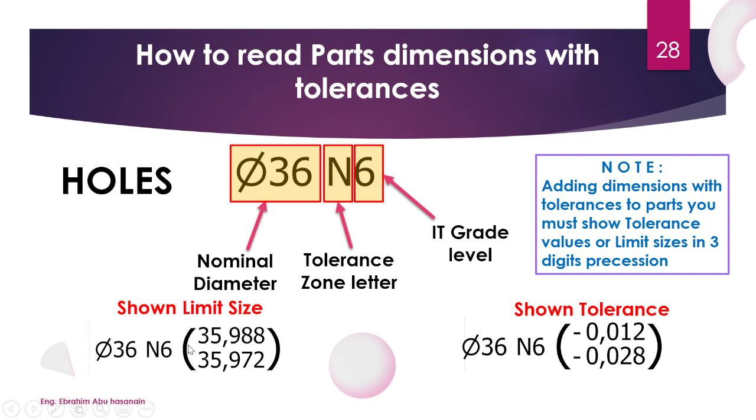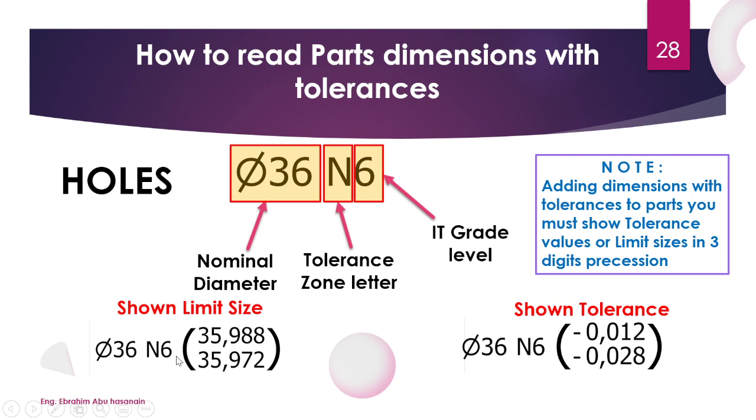Here we have two sides that we have to understand according to this note. When adding a dimension with tolerance to parts, you must show the tolerance value or limit sizes with 3-digit precision. So when we are adding a dimension to a part, we have to show it this way or this way.